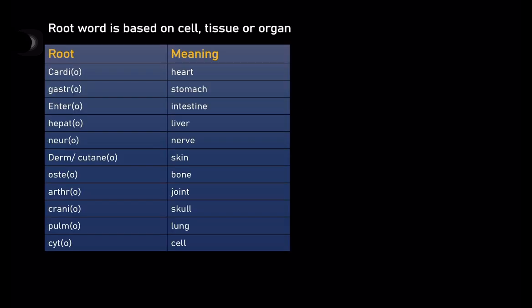So this table gives you some common root words and their meanings. We have cardio referring to the heart, gastro refers to the stomach, entero refers to the intestine, hepato means the liver, neuro means the nerve, derm or cutane refers to the skin, osteo refers to the bone, arthro, joint, cranio refers to the skull, pulmo refers to the lung, and cyto refers to the cell.